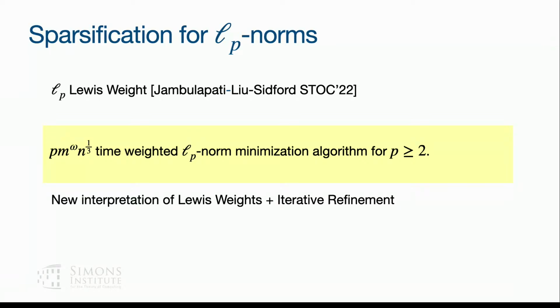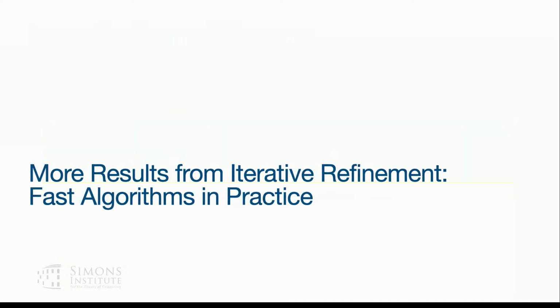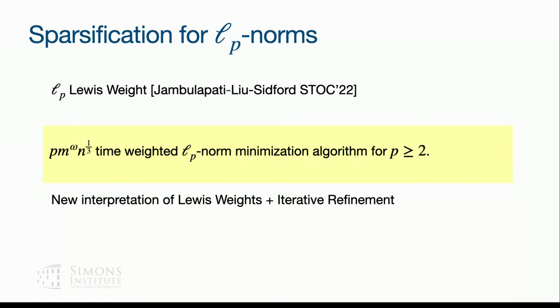Right now, the weights increase in terms of the m space. With these, they're able to get m to the omega plus 1/3 total time for all p greater than 2. And so this is so far what we know about these sparse problems.